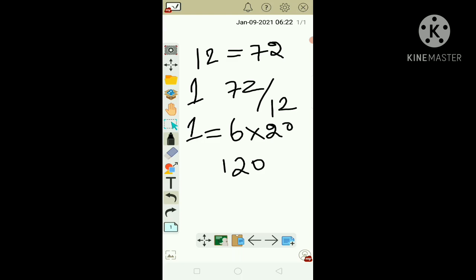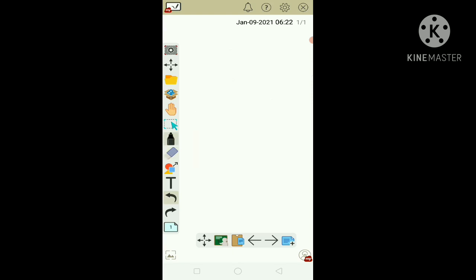So you have to divide 72 by 12, and you get 6 rupees. So assume each apple is 6 rupees. Then if you are going to purchase 20 apples, you multiply 6 into 20, which is 120. This is the way you can calculate when you purchase apples.